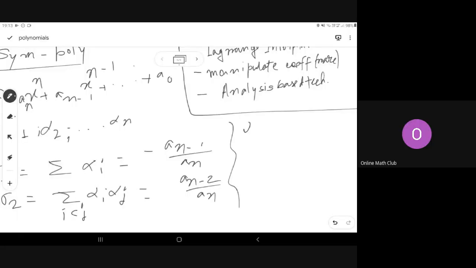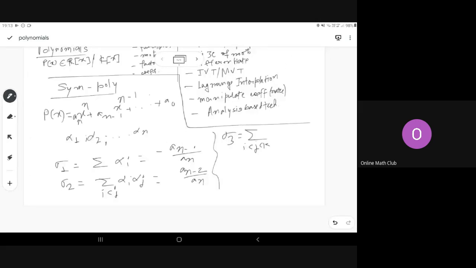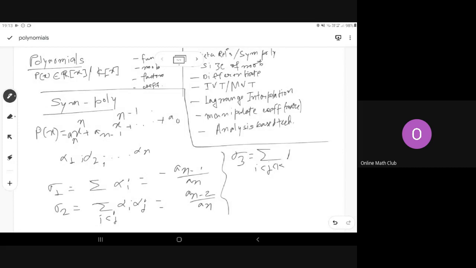And it goes on: you define sigma_3, the third symmetric sum, as the sum of alpha_i alpha_j alpha_k, and it becomes minus a_{n-3} by a_n, and so on. So these are how symmetric sums work, and this is basically Vieta's relations.